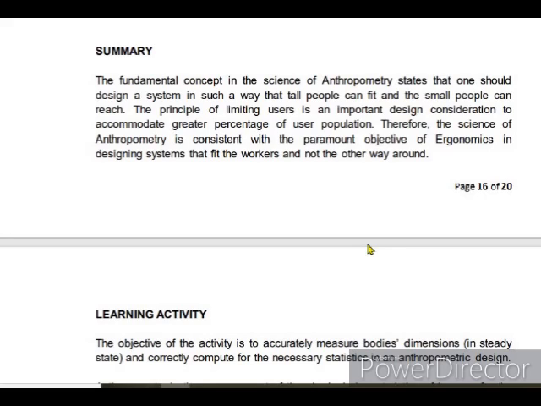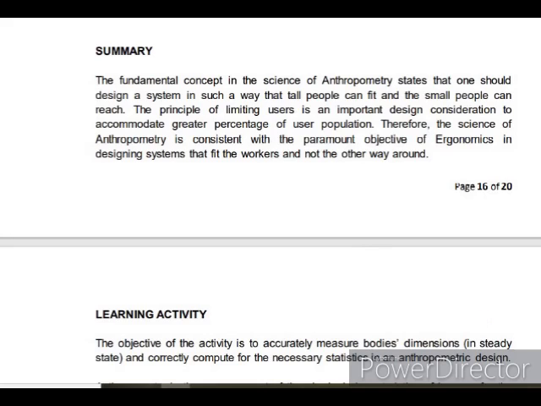So you should limit your workers or your users. Therefore, the science of anthropometry is consistent with the paramount objective of ergonomics: designing systems that fit the workers and not the other way around. It is the most important part of ergonomics, the anthropometry.